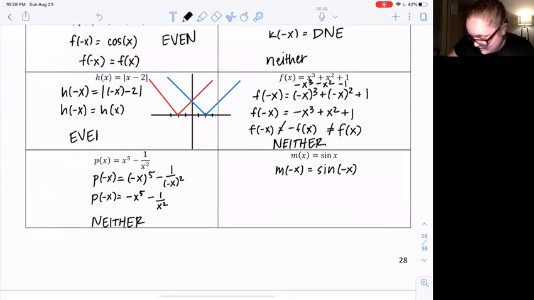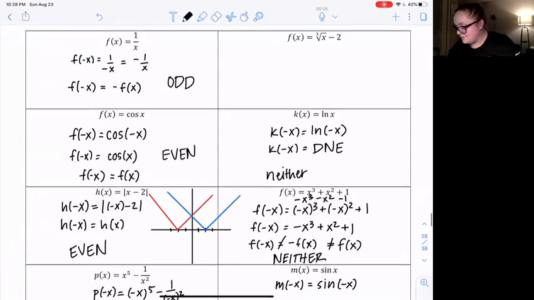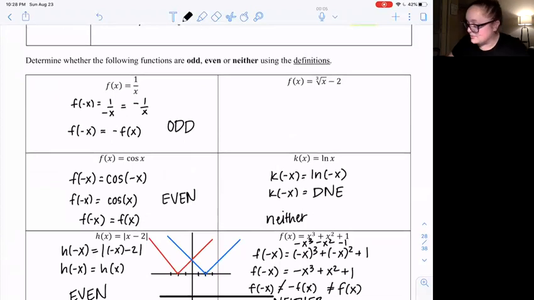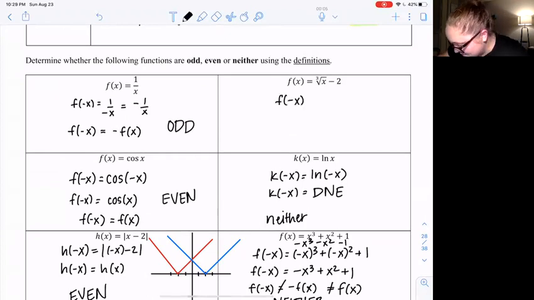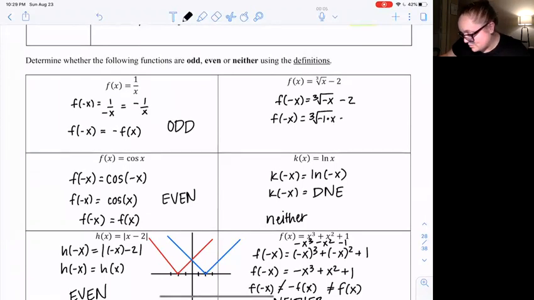Okay, now I'm going to go up to the top where we have f of x is equal to the cube root of x minus 2. So f of negative x is going to be equal to the cube root of negative x minus 2. We can actually do something kind of clever and creative here: we can do the cube root of negative 1 times x minus 2.